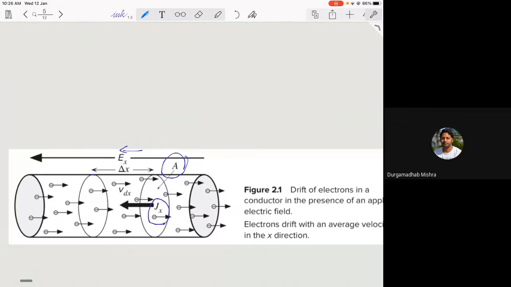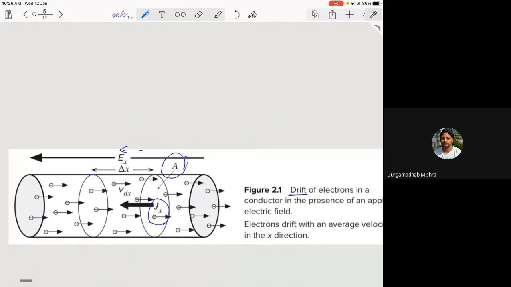This motion of electrons due to the electric field is normally known as a drift of electrons.